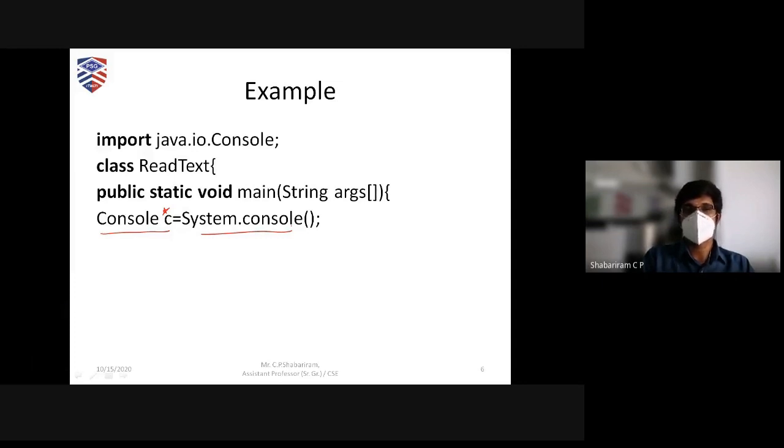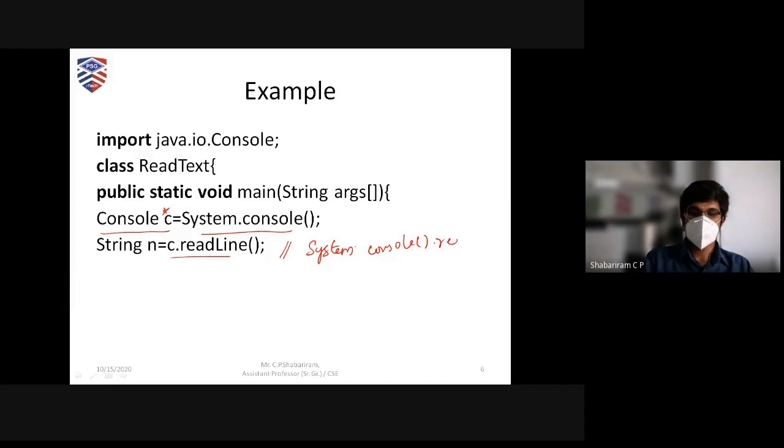So the Console class object is c. Next, I am reading the line. Here I am using c.readLine(), which is equivalent to System.console().readLine(), right? Which was given in the syntax.